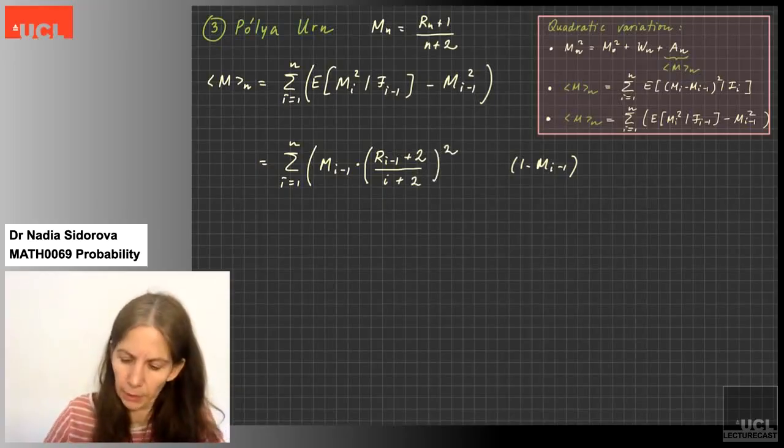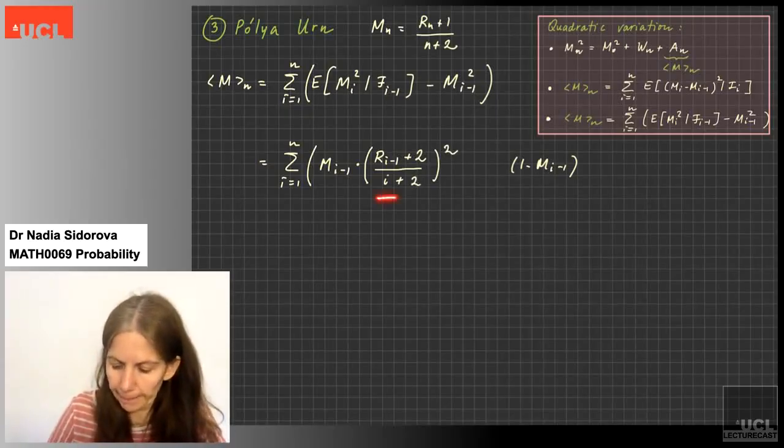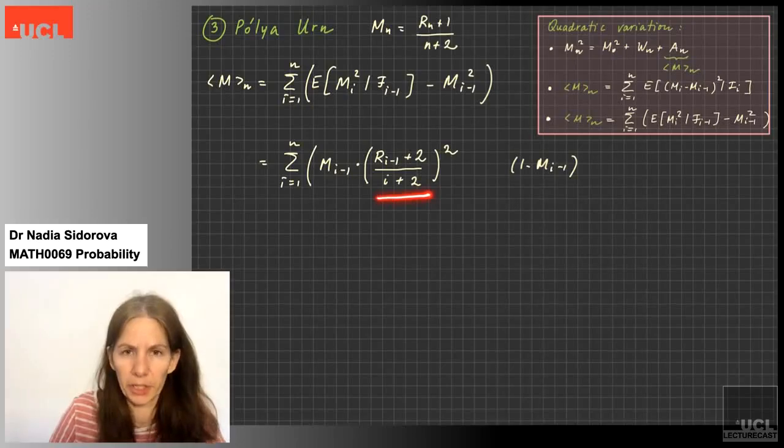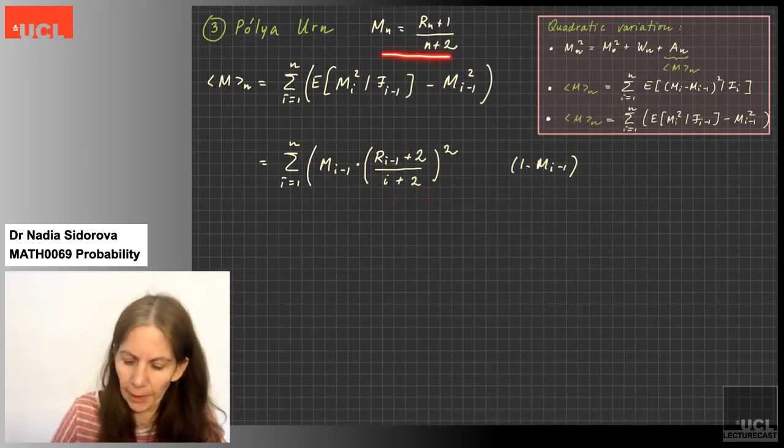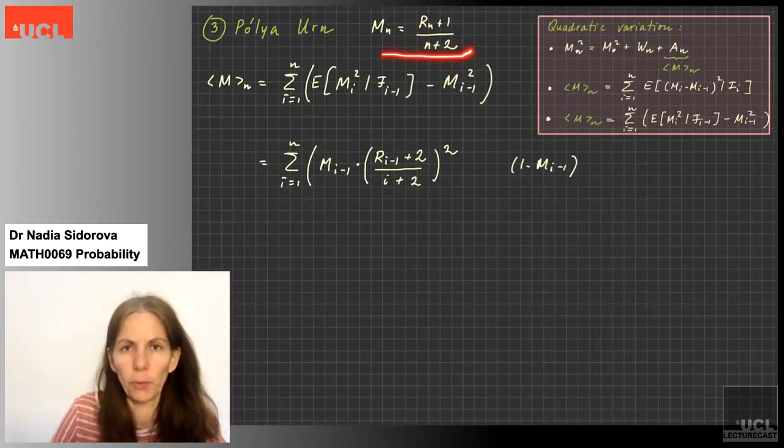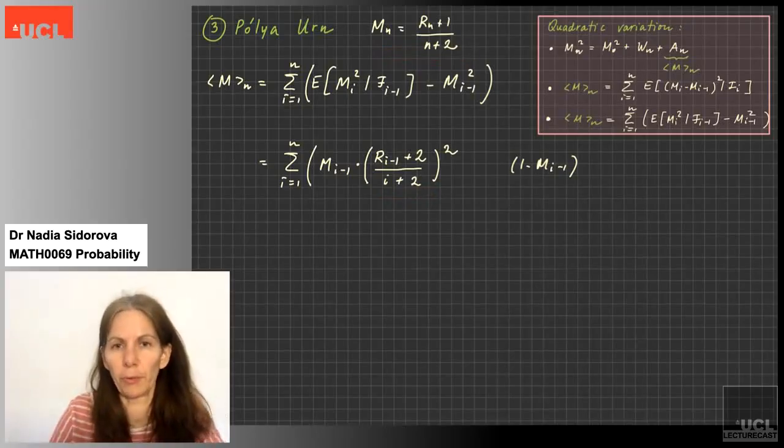What I have done is I have taken M_{i-1} and looked at what happened if another red ball was put into the urn at time i.